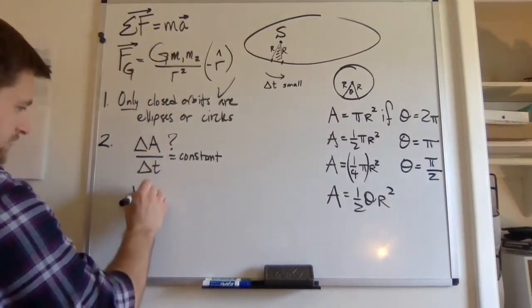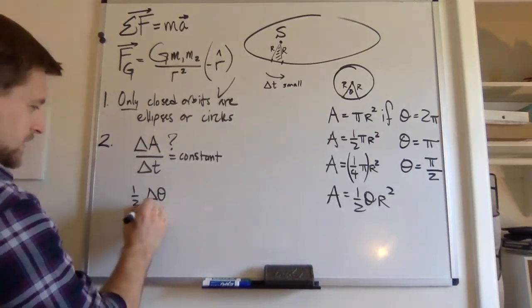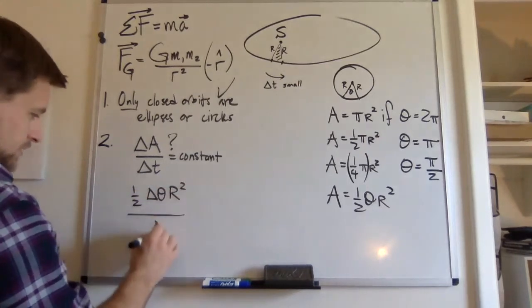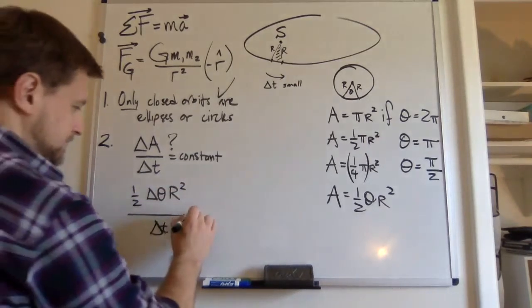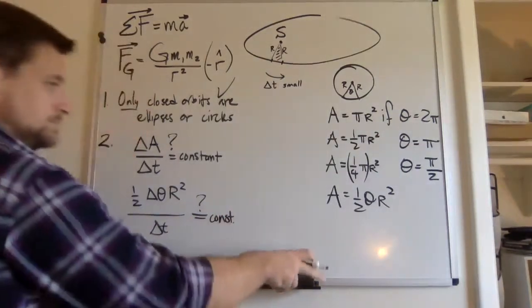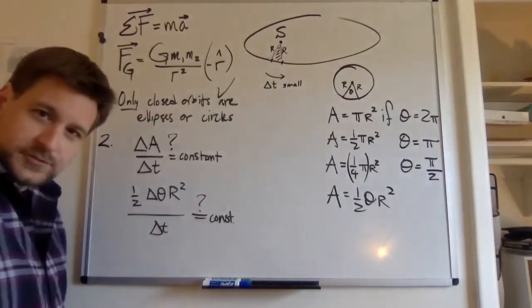All right, so we're talking about an area that is swept, 1/2 by some small amount of angle R squared per some amount of small time. The question is, is that constant? Good so far?